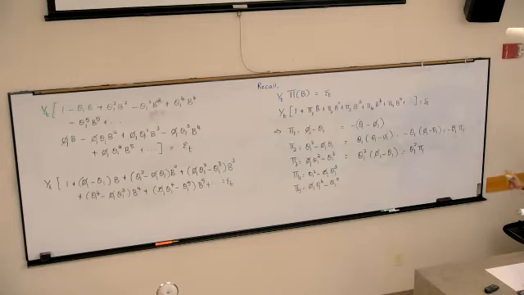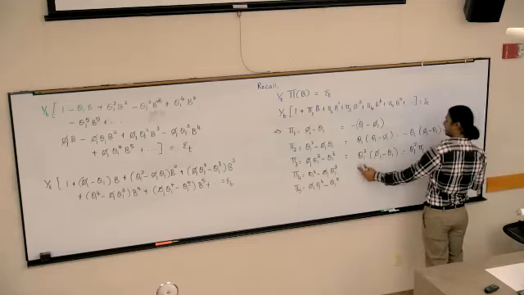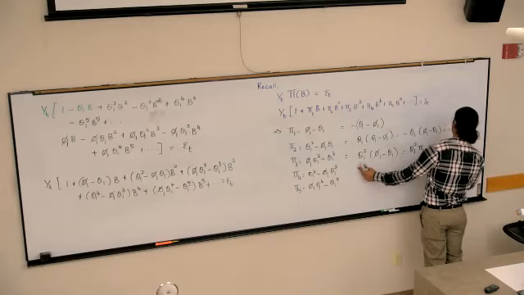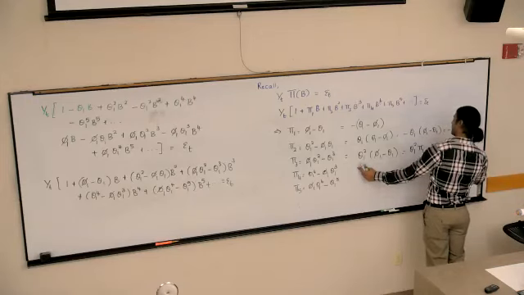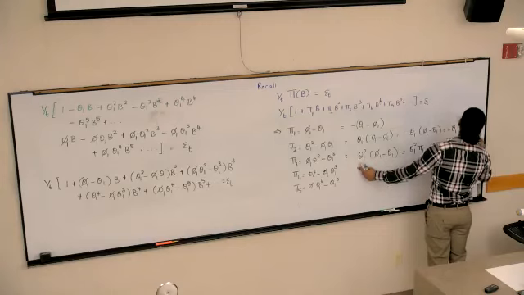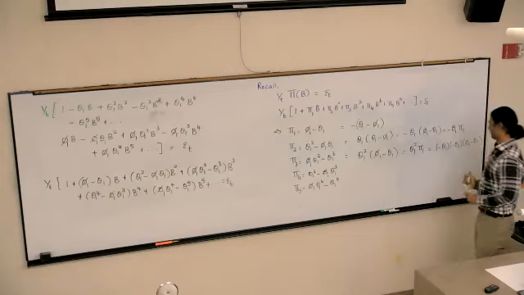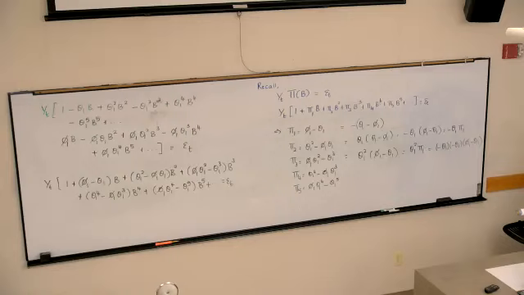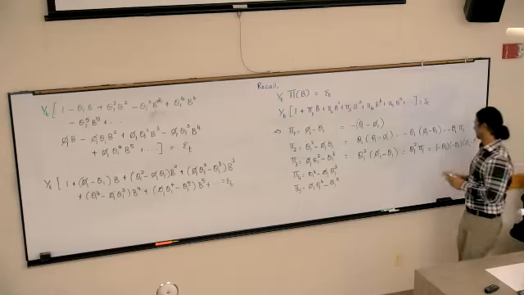But I can also write it in a different way, if I kept this as minus theta 1 times minus theta 1 times phi 1 minus theta 1. Correct? What is that term? That is pi 2.